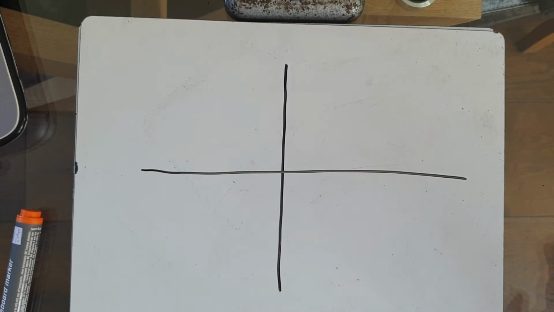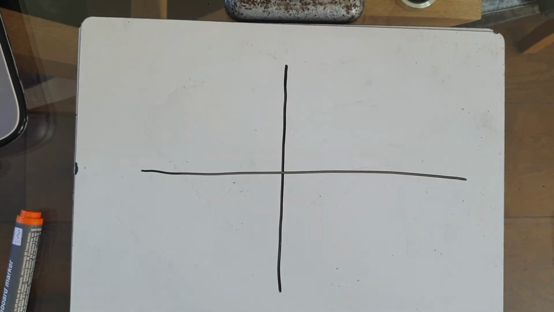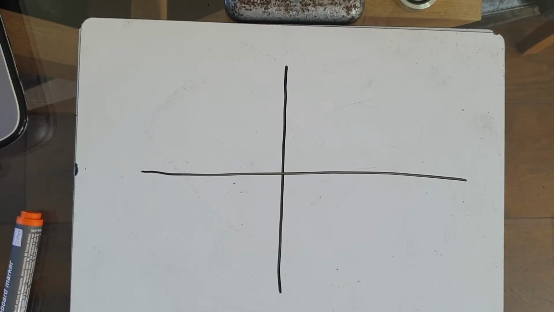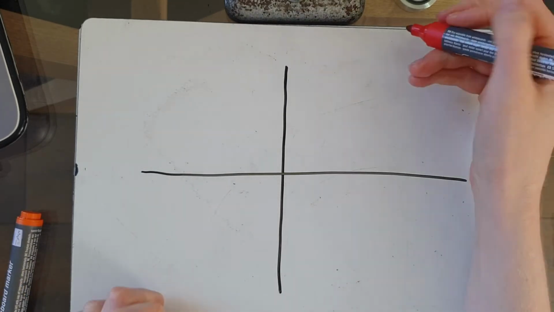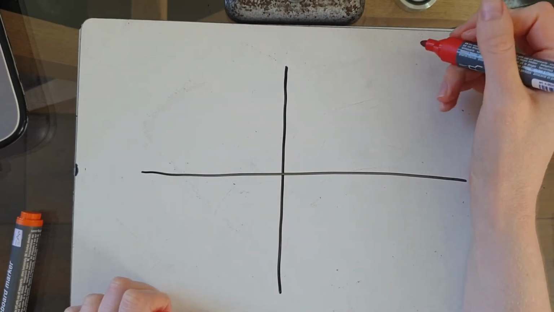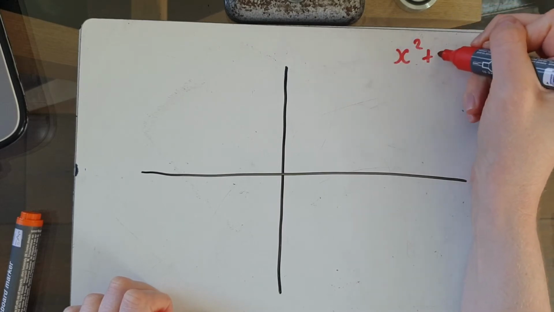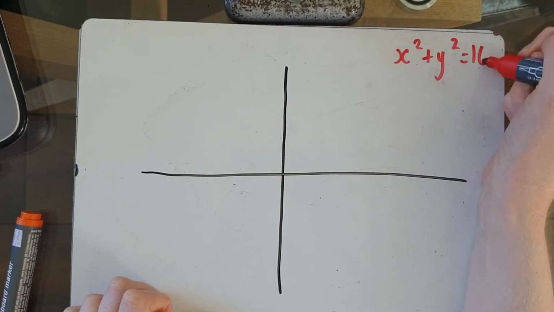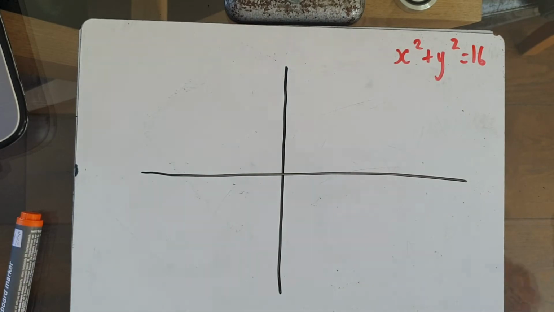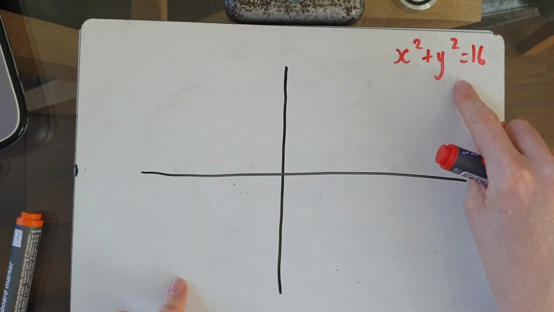For question 9, I have not got the materials with me to do a really accurate drawing, sorry, so I'm just going to run you through the method. It says construct the graph of x squared plus y squared equals 16. Now this is the equation of a circle.